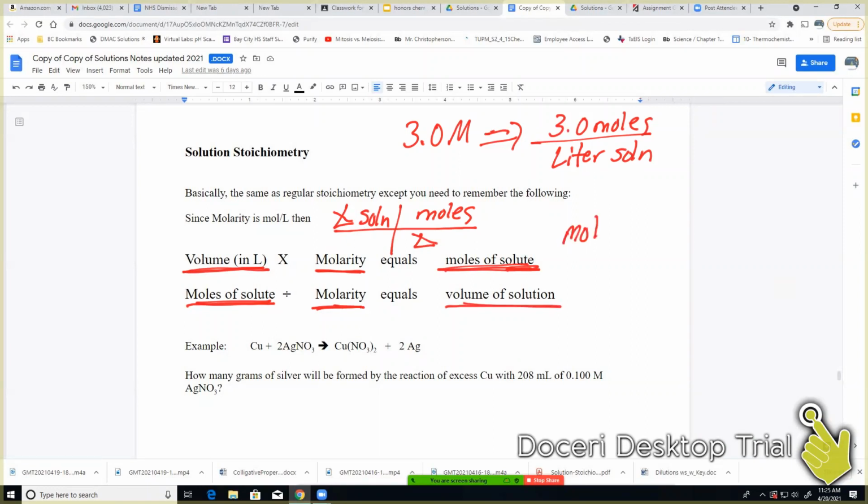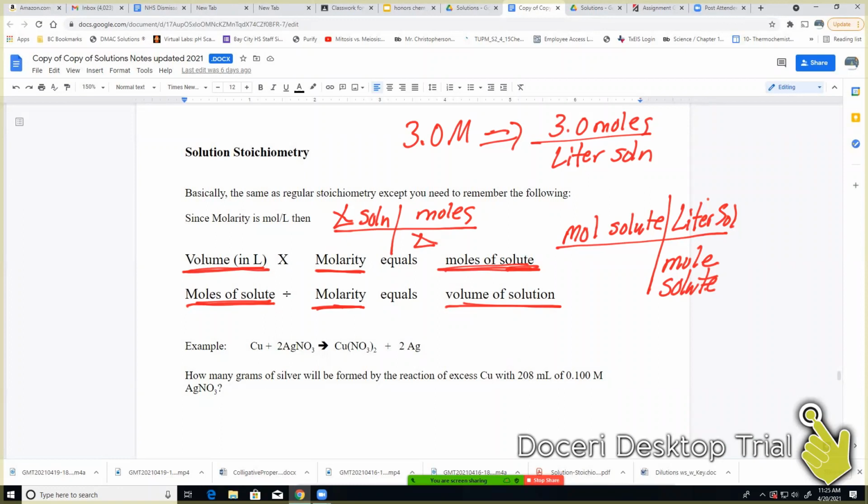So if you think about that, moles of solute was my given, so I would multiply that by the molarity, which is moles of solute per liter of solution. And same thing, once I had liters of solution, then that may be what I needed to get to in the answer of my problem.